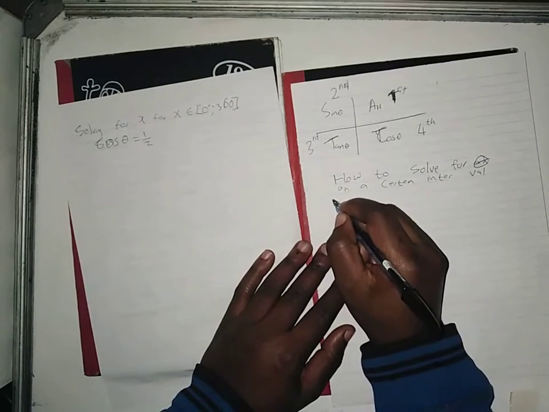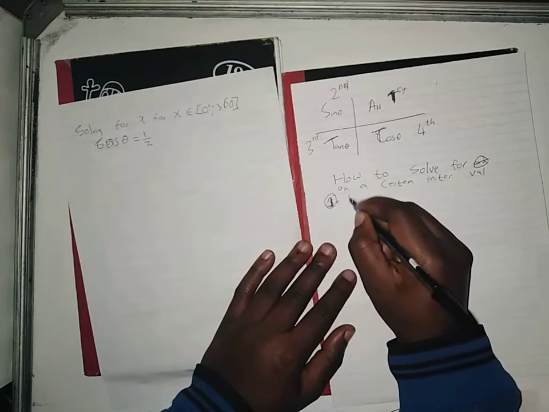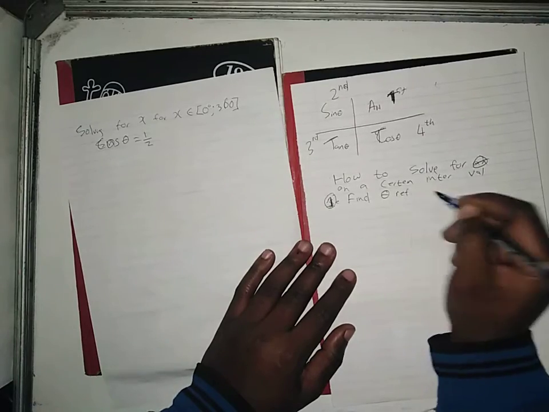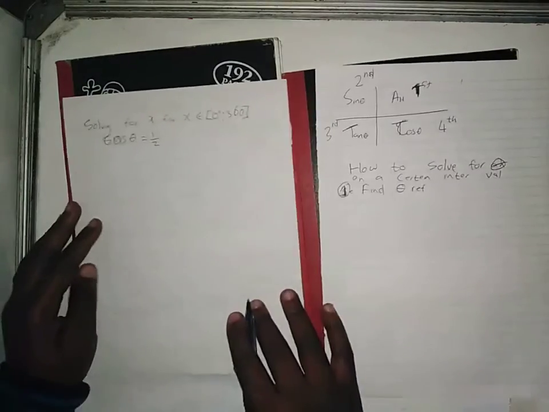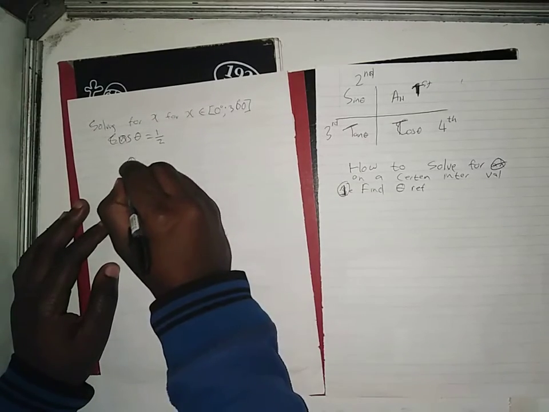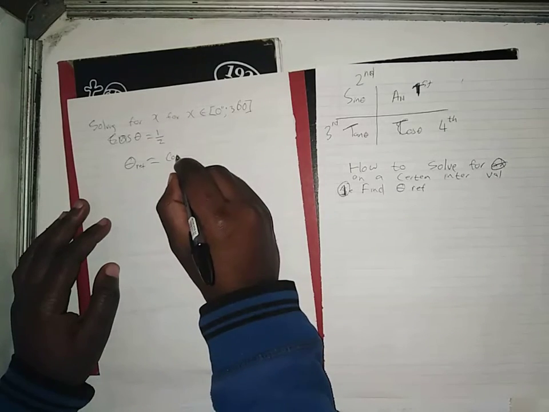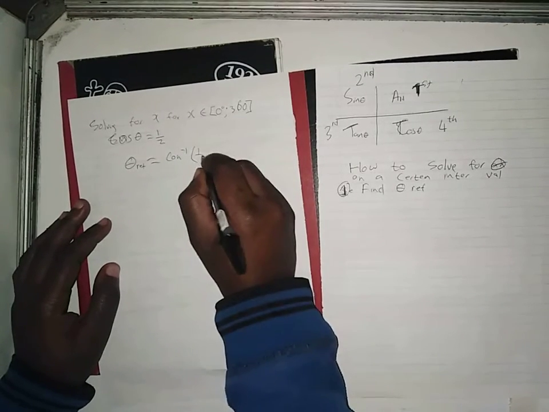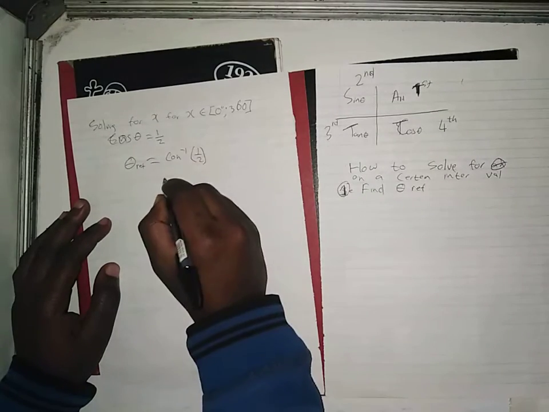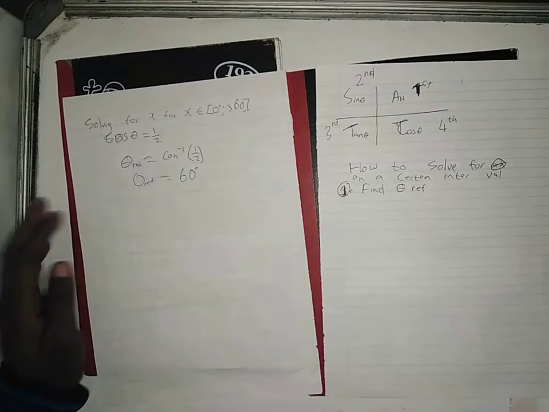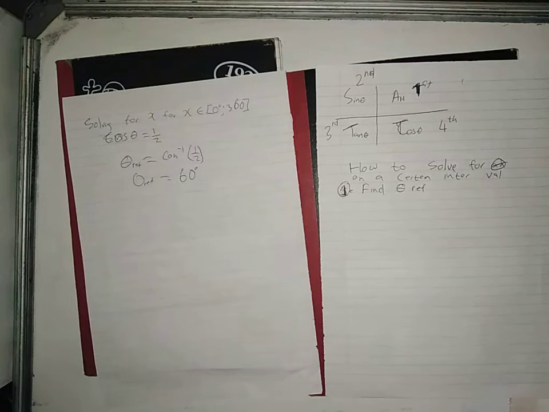What do we do? Find theta ref, the reference angle. So theta ref is the inverse cos evaluated at 1/2, and what do we get there? We get 60 degrees. So theta ref is equal to 60 degrees. That is the angle that we are going to use to find the angle that we are looking for.